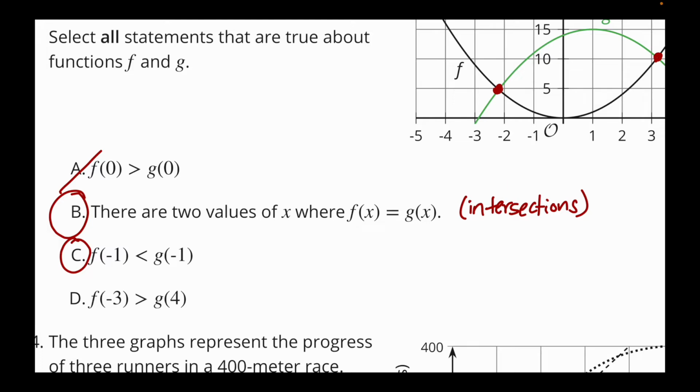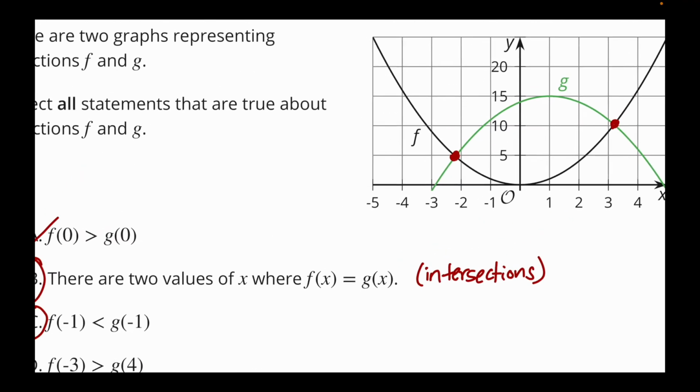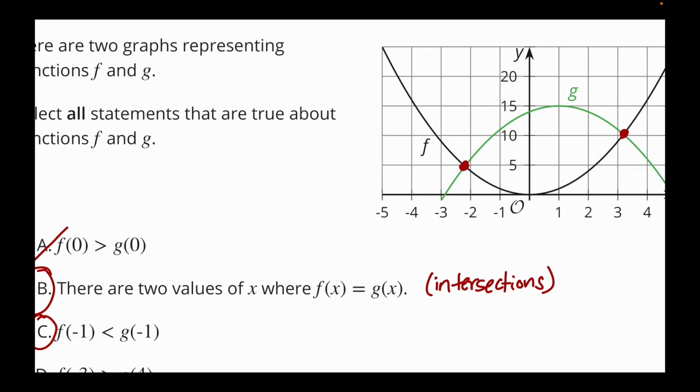Last one, the function value at -3 of f is greater than the function value of g at 4. So we're actually comparing two different inputs here. I'll put little highlights here. We're looking for the value of f at -3, so let me put a little highlight dot here.